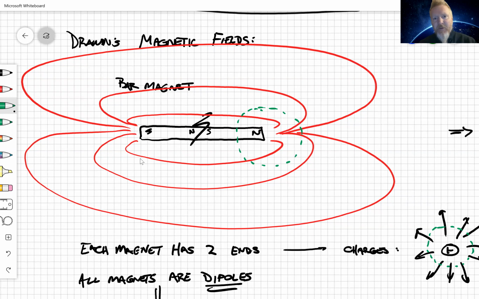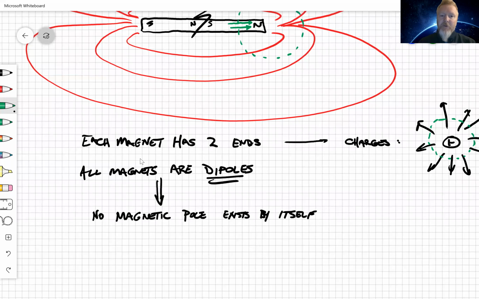They seem to emanate from here. It seems like you could do the same thing. But no, you cannot, because inside the magnet there is still magnetism, and all of the magnetism inside is going that way. So what it's telling you is that if you draw a Gaussian surface around a magnet, you will get zero flux.